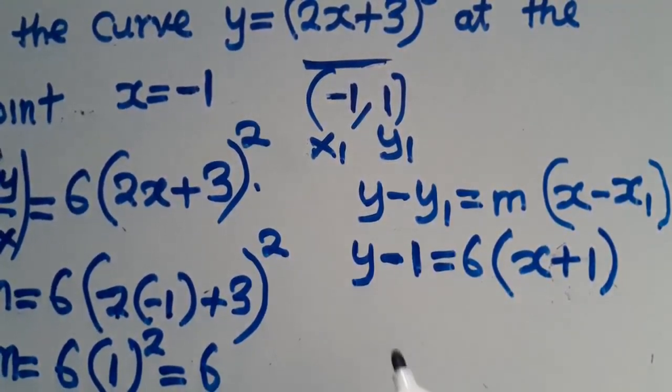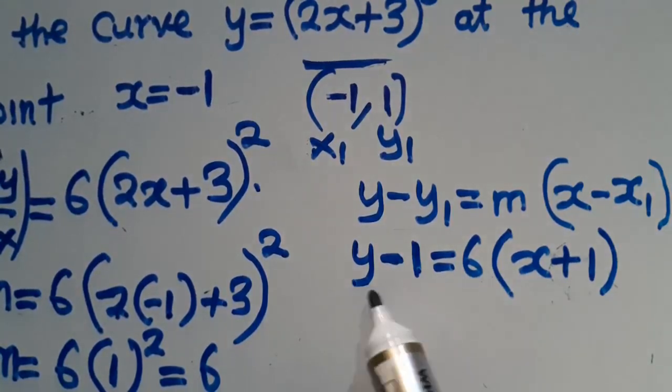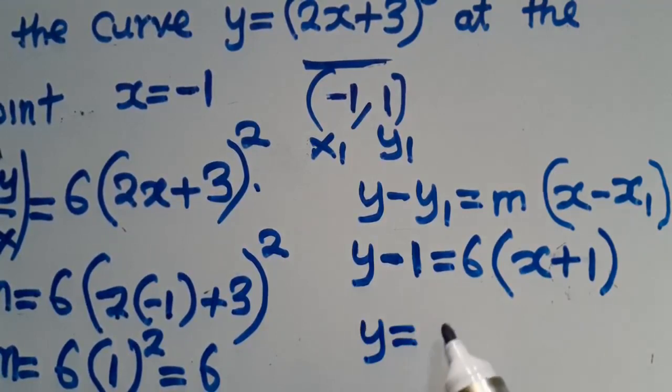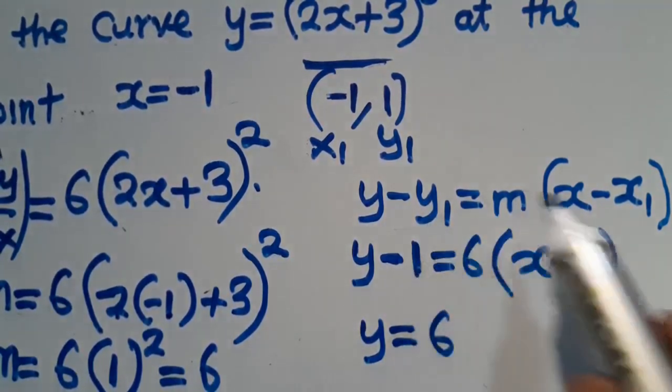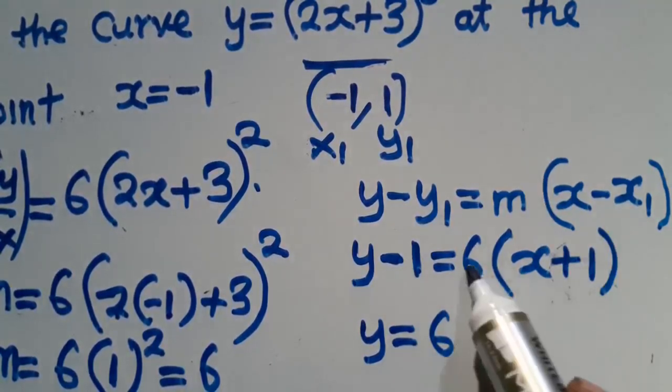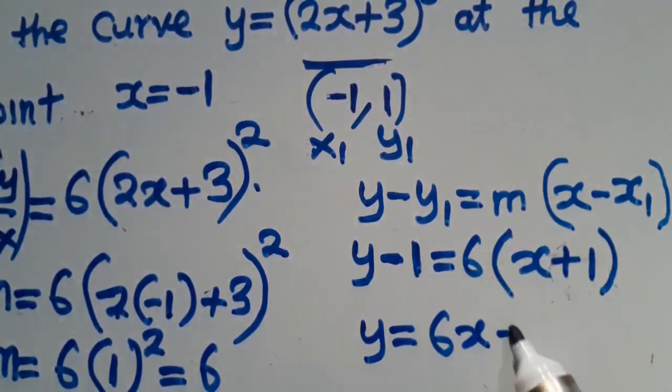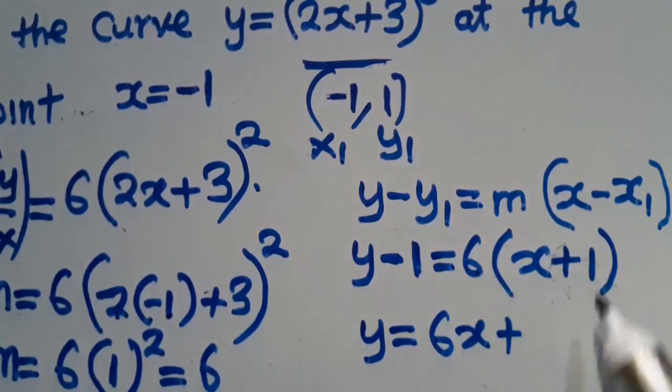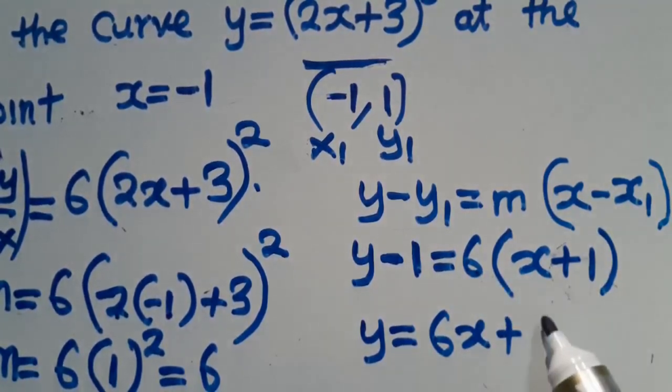After doing this, what answer are we going to get here? This is y is equal to 6. Have you seen? This one will go to the other side. So 6 times x, 6x, plus this times that. What answer are we getting? We are getting a 6, like this.